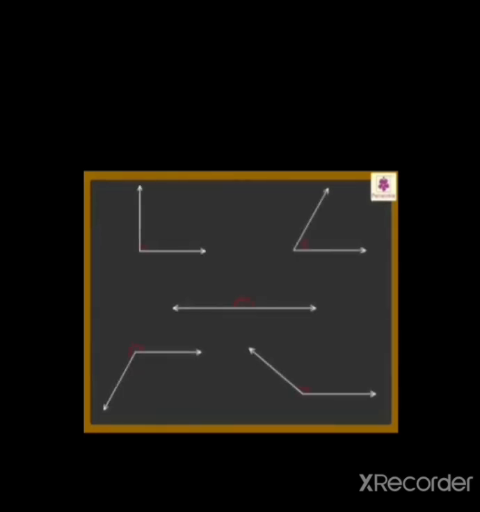Now, I will show you some figures and you name them. What is this? Yes, it is a right angle. What is this? Correct. It is an acute angle. Now, what is this?